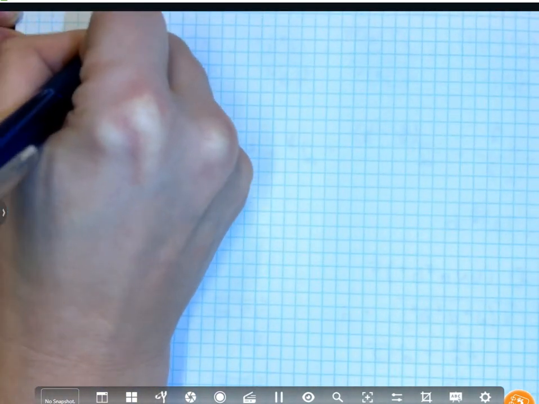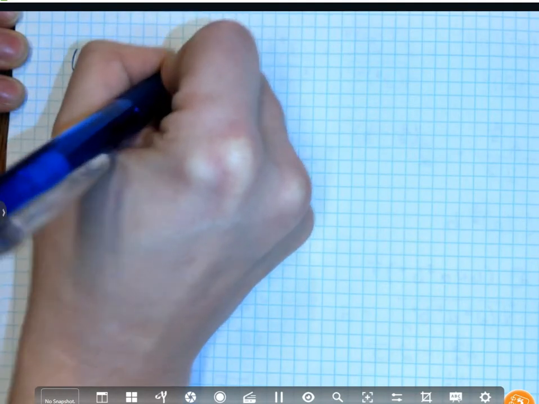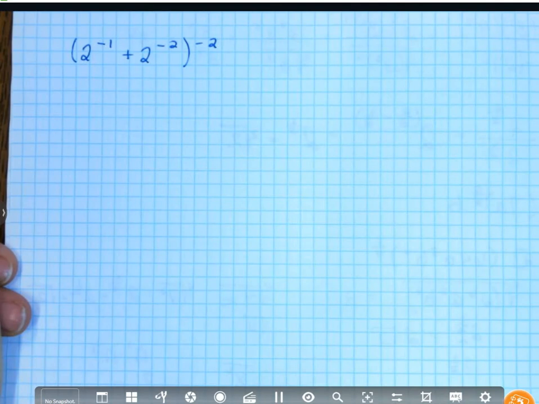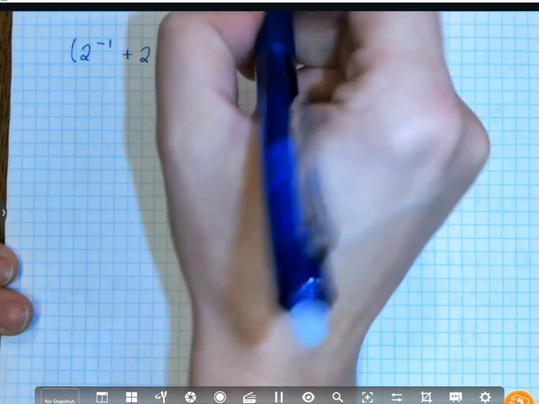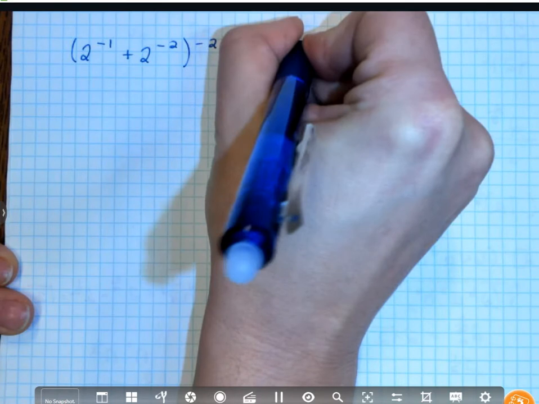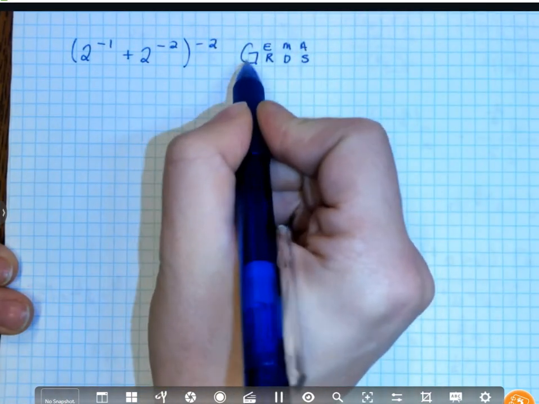We have 2 to the negative 1 plus 2 to the negative 2, all to the negative 2. You can do any of your exponent rules in any order that you'd like, but no matter what, you must follow your order of operations, which is grouping symbols.